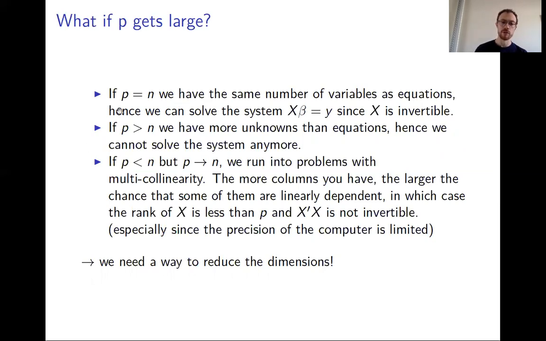However, if the number of explanatory variables is larger than the number of observations, we have more unknowns than we have equations, and therefore it's not possible to solve this system of equations.